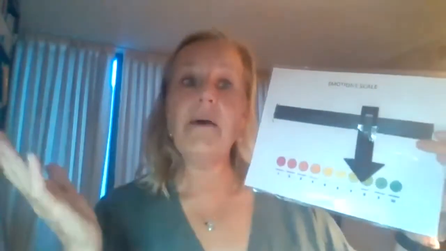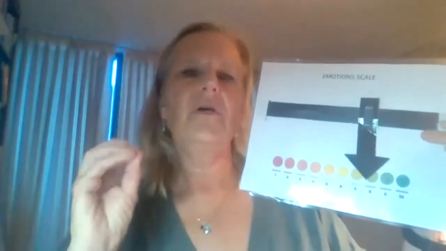So like I said, they can come up with their own scale, and especially if you're working individually with kids, or doing it with your own child at home, their scale can be whatever number they want, but we really try not to have them go off the scale because it just gets really confusing.